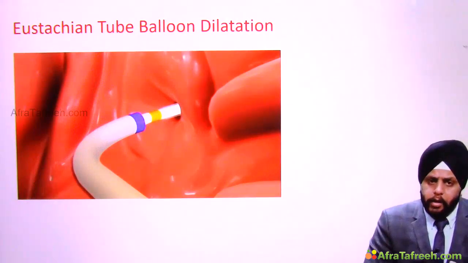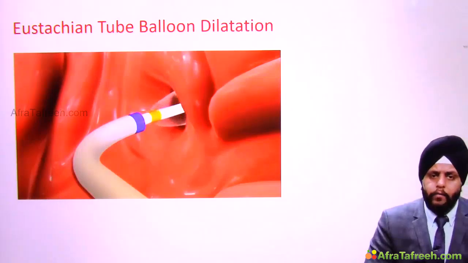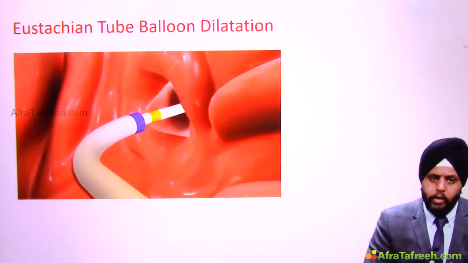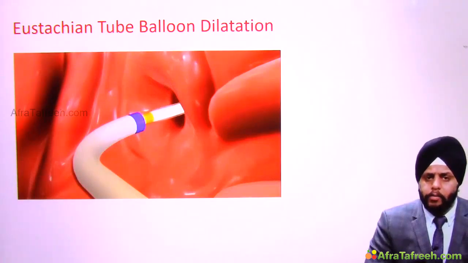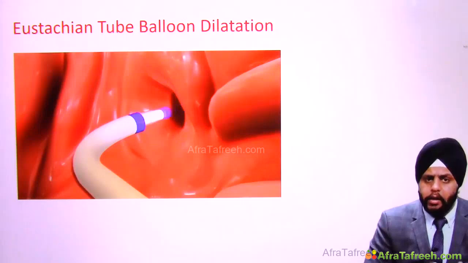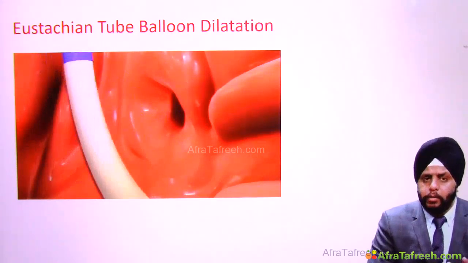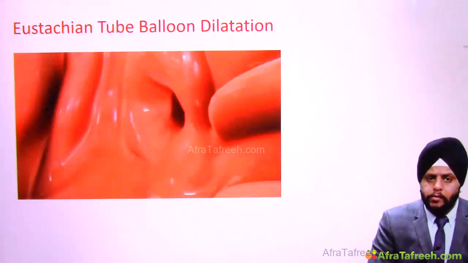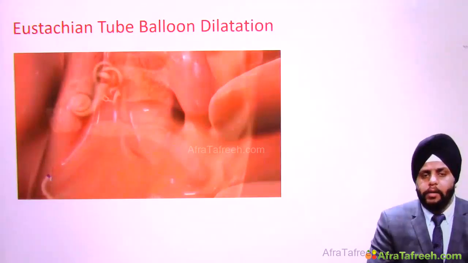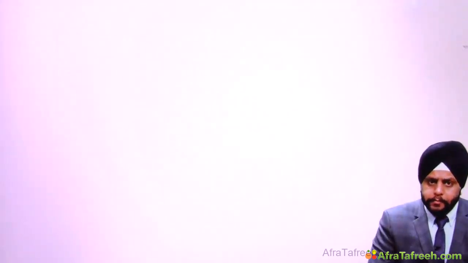Once it is completely inserted till that ring, you inflate it. When you inflate it, that will break all the stenosis and fibrosis, and it will open and dilate the eustachian tube. So this is eustachian tube balloon dilatation, which is being done these days to open a blocked eustachian tube.